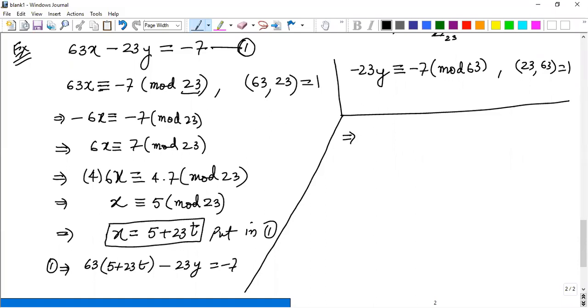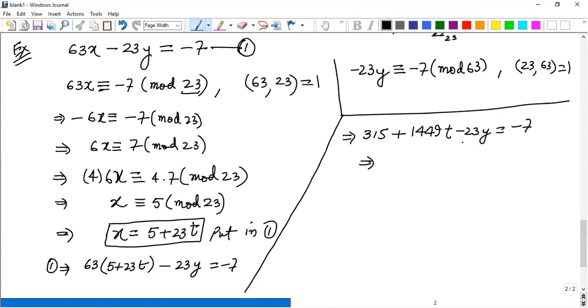So this is 315 plus 63 times 23. You can use your calculator to get the value, which is 1449 times t, and then minus 23y equals negative 7.